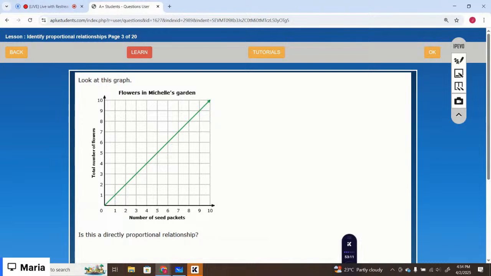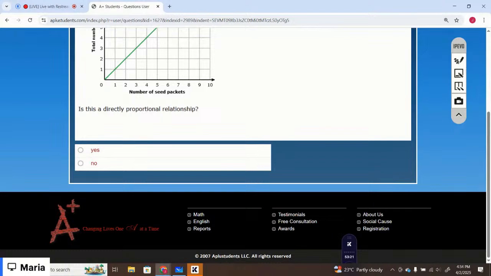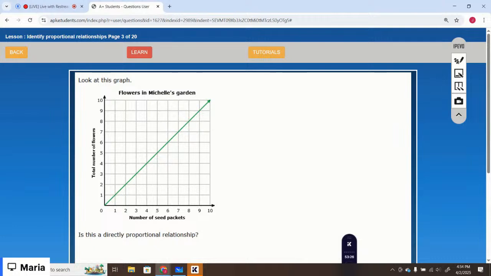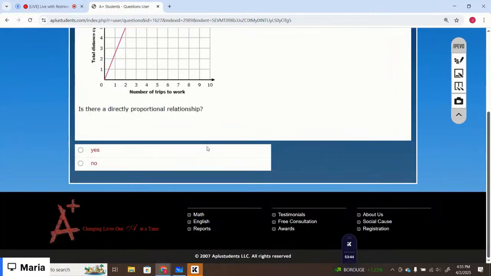Look at this graph. Is this a directly proportional relationship? Yes, it is. The correct option is yes. Look at this graph. Is this a directly proportional relationship? Yes, the correct option is yes.